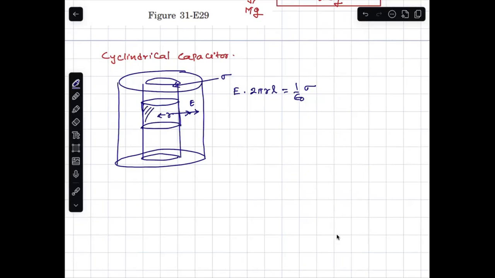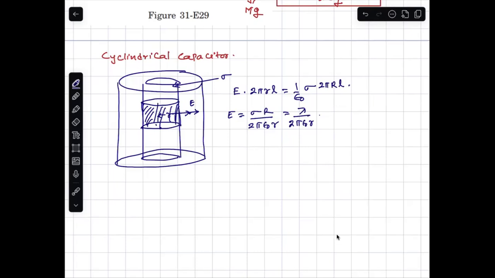Charge enclosed on this portion, you will write as sigma 2 pi capital R L. So therefore, E is sigma R by epsilon naught r. You can write this as lambda by 2 pi epsilon naught r. You can write it as charge per unit length.